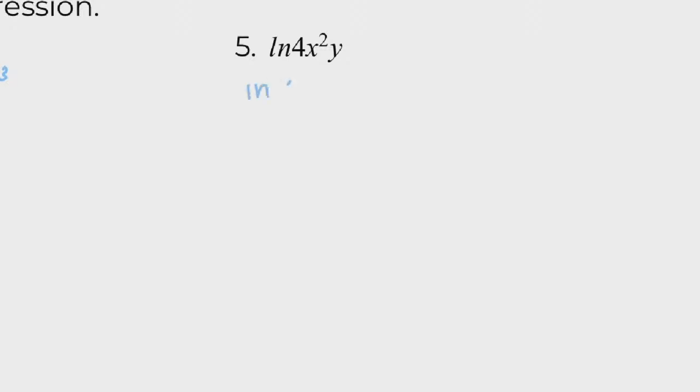So we have ln 4 plus ln x squared plus ln y. And we can't simplify anything because ln is log base e and there's no e's in this problem, but we do have the squared for x squared, so we can bring that down to the front. So this would be ln 4 plus 2 ln x plus ln y.